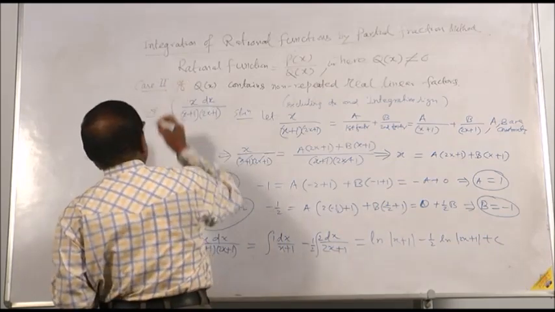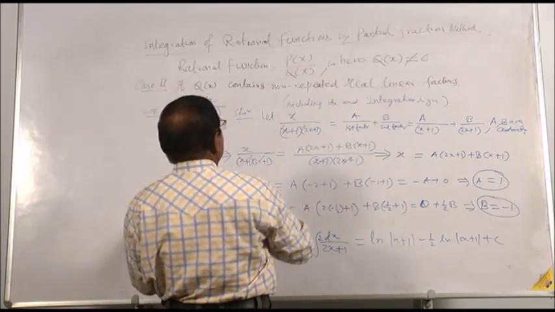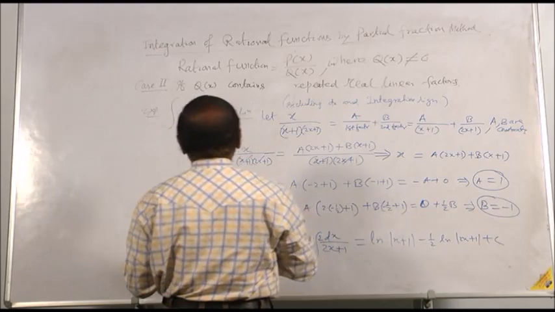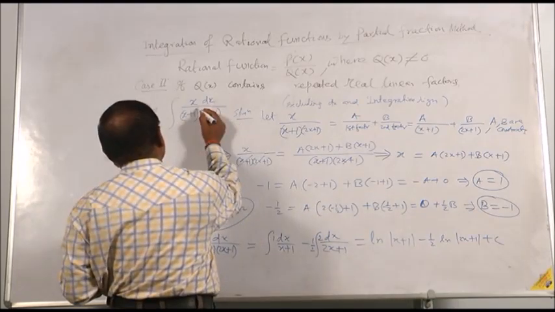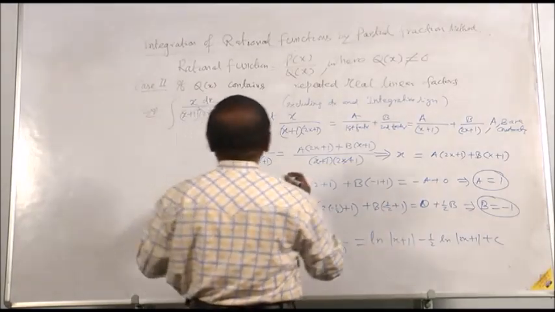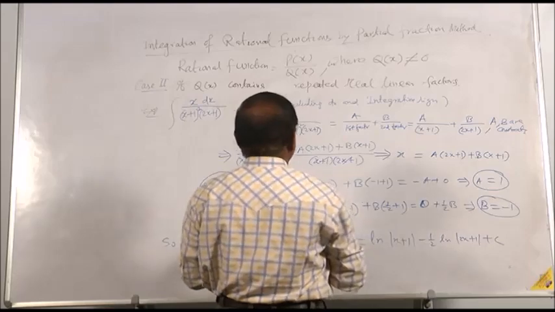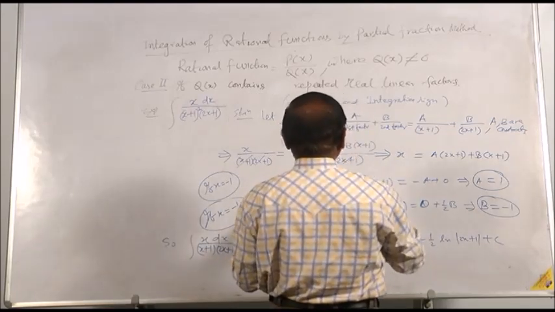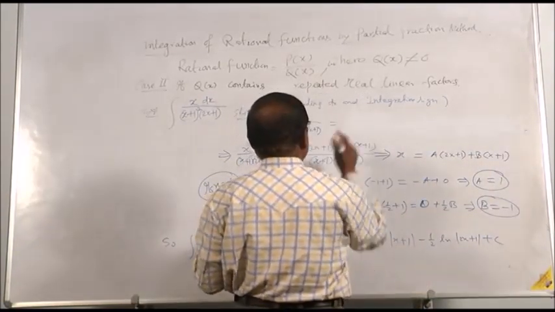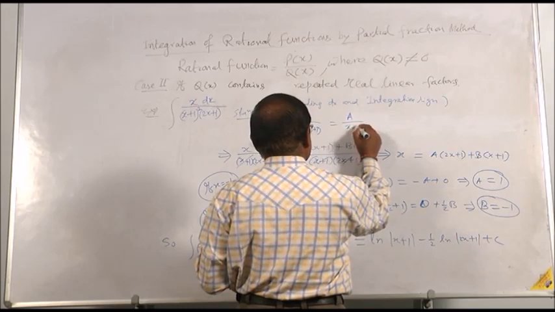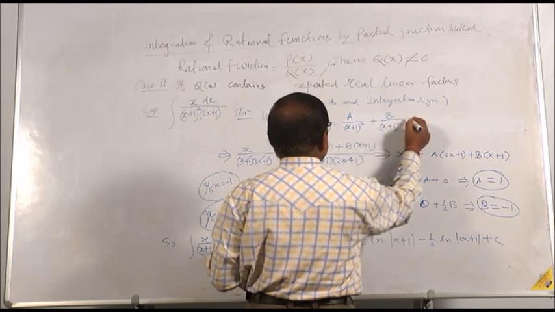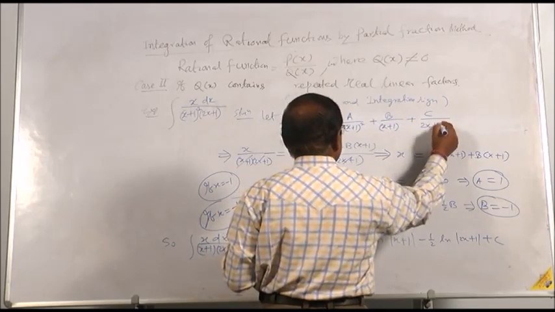Case 2: if Q(x) contains repeated real linear factors, suppose (x plus 1) square is there. So I will choose A by (x plus 1), then some little change here: B by the repeated factor with its power reduced by 1, then plus C by (2x plus 1).